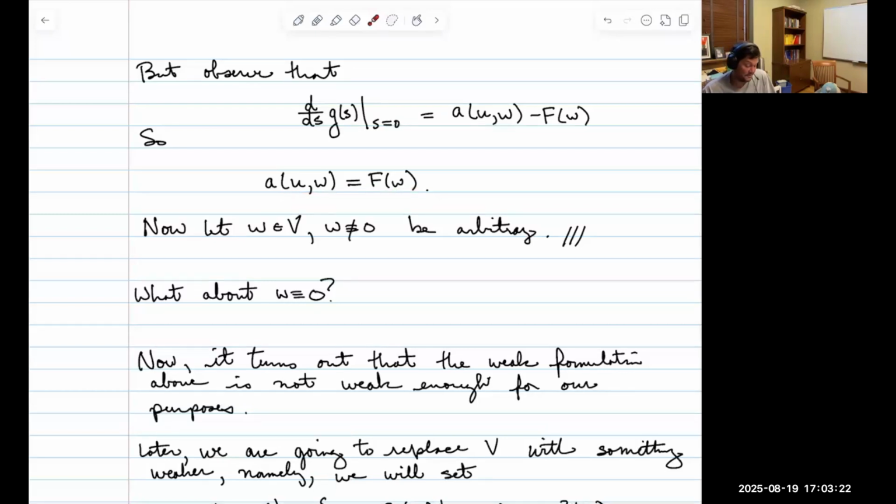If W is the 0 function, then of course these two things are going to be equal. There's nothing really there to do. So that takes care of the W equals 0 case as well. So I've shown that the variational formulation and the weak formulation are really one and the same. This isn't always the case, but there are a couple of things that I used in here, which are kind of hidden nuggets.